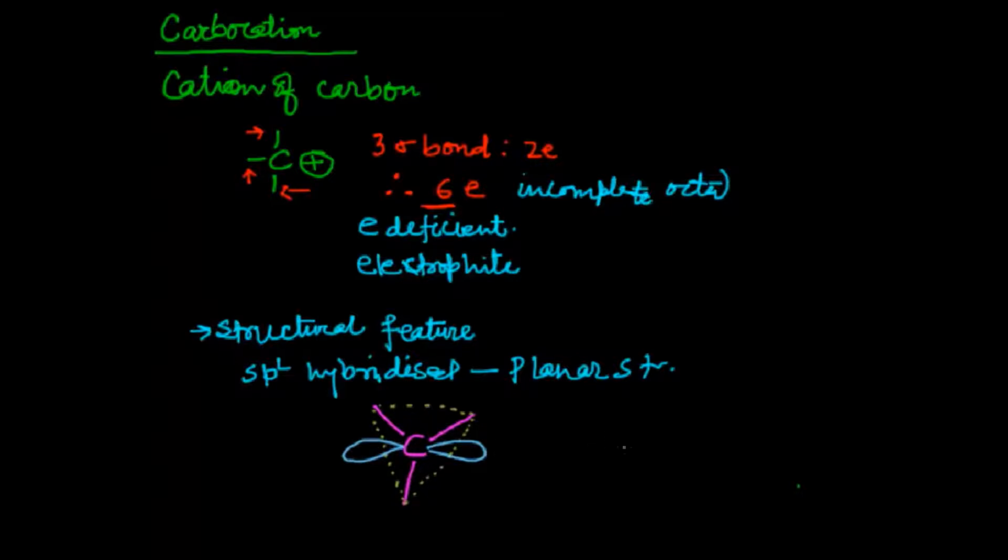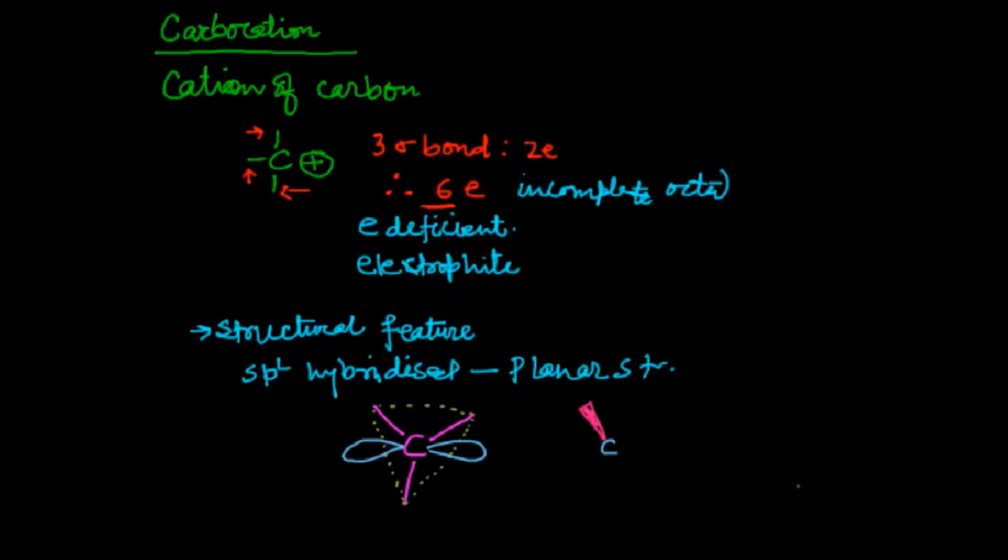If we try to put its structure in a wedge and dash diagram, it appears like this: carbon, and here is another bond like this.